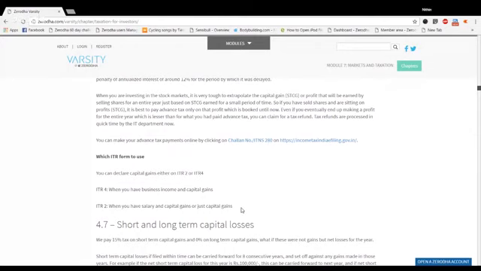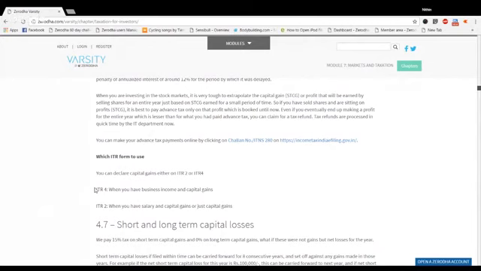If you have only salary income, you can use ITR1. If you have salary and capital gain income, which is essentially short-term and long-term capital gain, you can use ITR2. Now, if you're going to show your short-term equity delivery trades as a non-speculative business income, you will have to use ITR4.